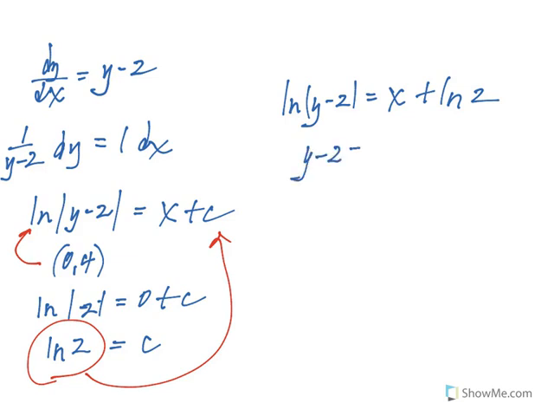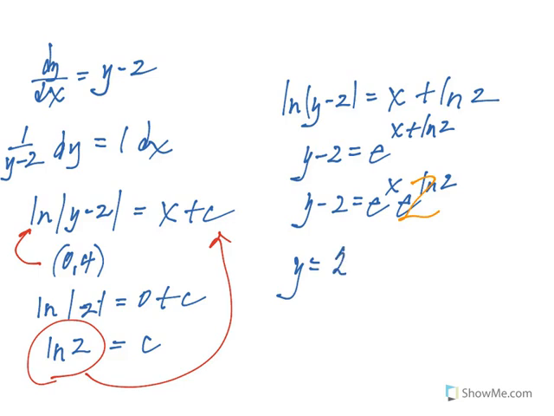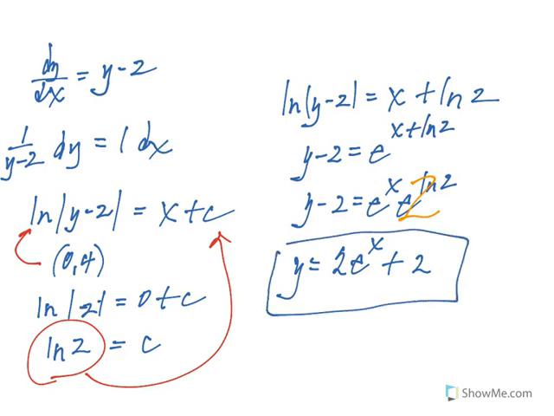This gives me y minus 2 is equal to e to the x plus ln of 2. And of course we know that y minus 2 is equal to e to the x times e to the natural log of 2. This entire portion right here simplifies to 2. So my original equation is going to be equal to 2 times e to the x, and I'm going to add that 2 to the other side: 2e to the x plus 2. So this is a particular solution to this differential equation.